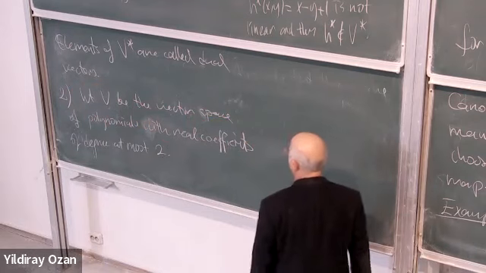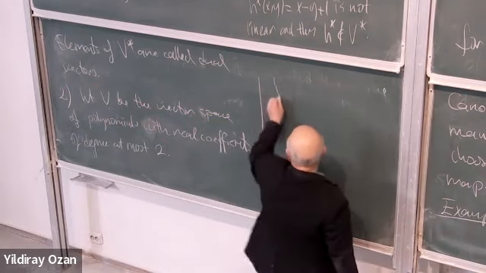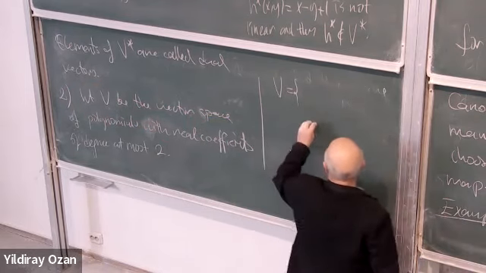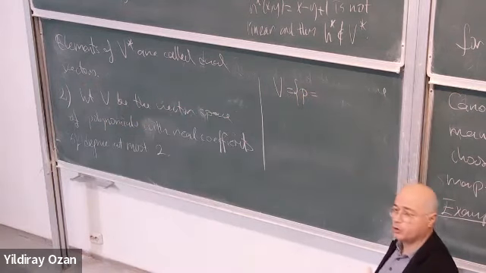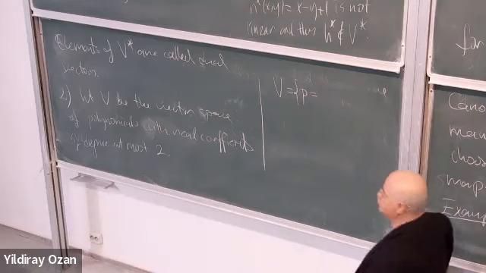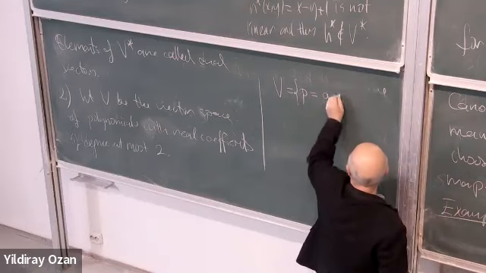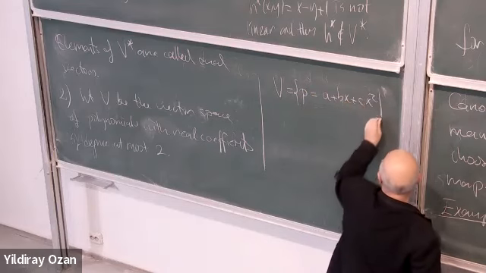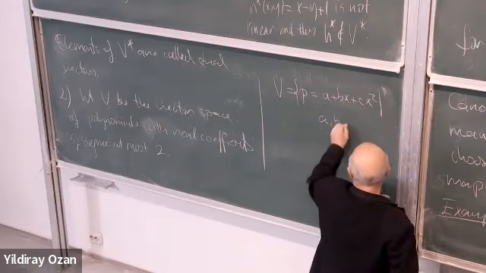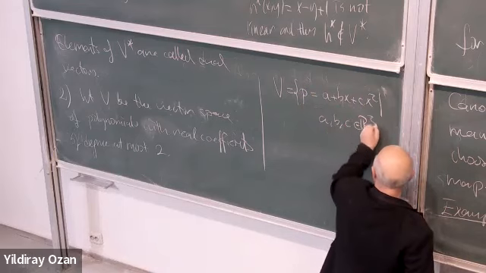So these are real polynomials of degree at most 2. They have objects like this: a plus bx plus cx squared, right? a, b and c are just real numbers.